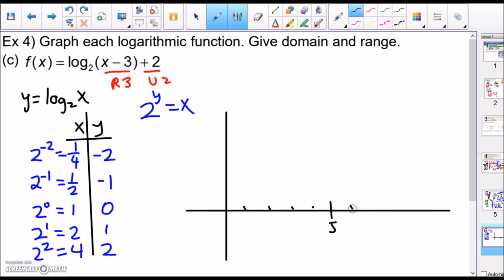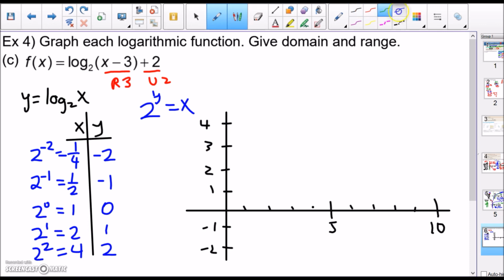But I'm going to save room that I can shift to the right by 3. So you can go up to 10 if you want. We don't need to go that high. Normally I would just do 1 and 2, but keep in mind we are still going to shift up 2, so we would need to go up to probably 4 or higher if you'd like.